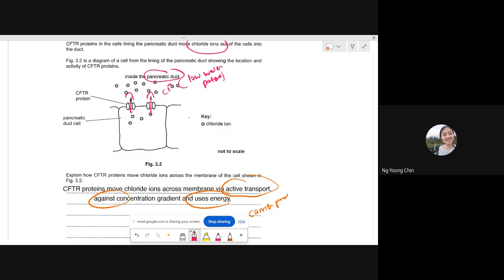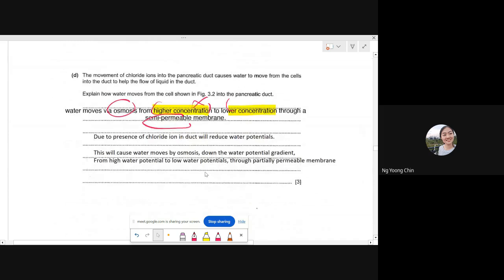But inside the pancreatic duct cell, they will become high water potential. Right? So water will move from the pancreatic duct cell with a high water potential into inside the pancreatic duct with a low water potential due to the chloride ions. So this is the way that you should write, by osmosis.